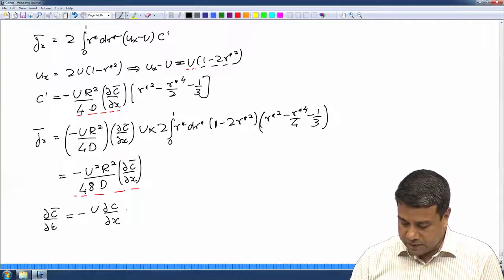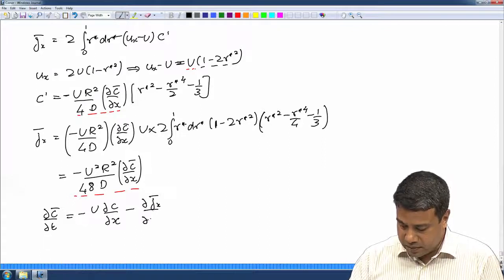This will be of the form minus partial j x by partial x.